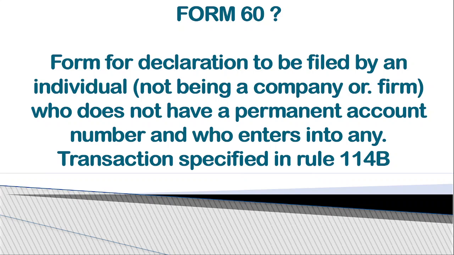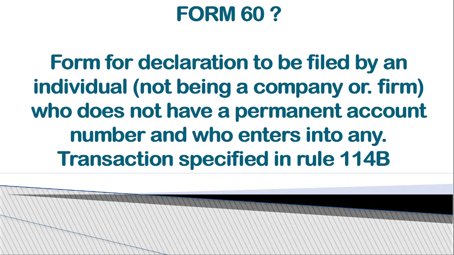Some people don't have a PAN, then they can submit Form number 60. Form number 60 is a declaration by an individual, not any company or firm. Companies have to apply for PAN and mention the PAN number. Individuals only, if they don't have a PAN, can submit Form 60.